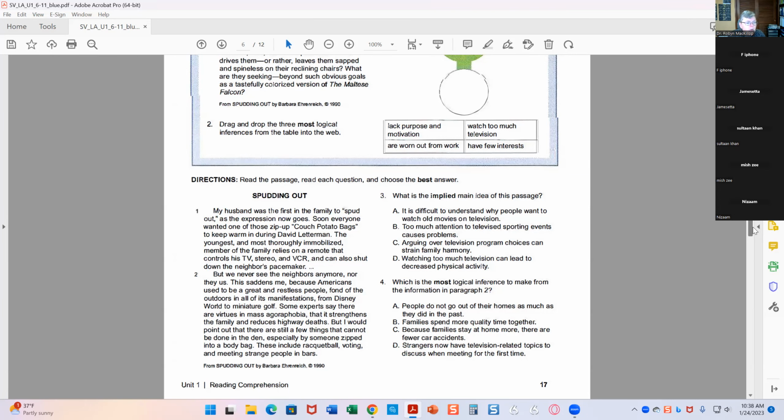My husband was the first in the family to spud out, as the expression now goes. Soon, everyone wanted one of those zip-up couch potato bags to keep warm during David Letterman. The youngest and most thoroughly immobilized member of the family relies on a remote that controls his TV, stereo, and VCR, and can also shut down the neighbor's pacemaker.